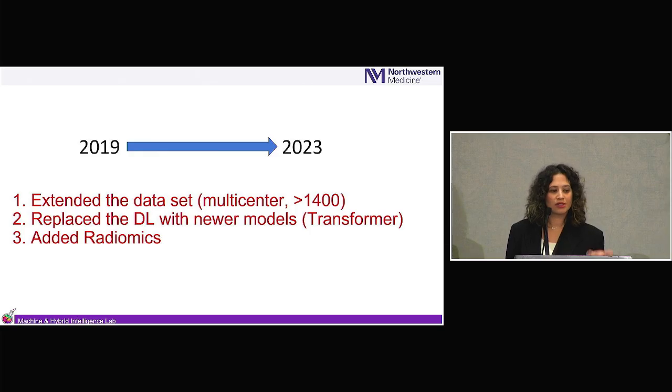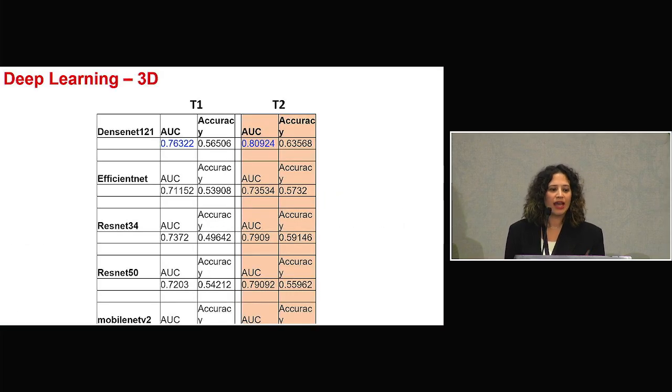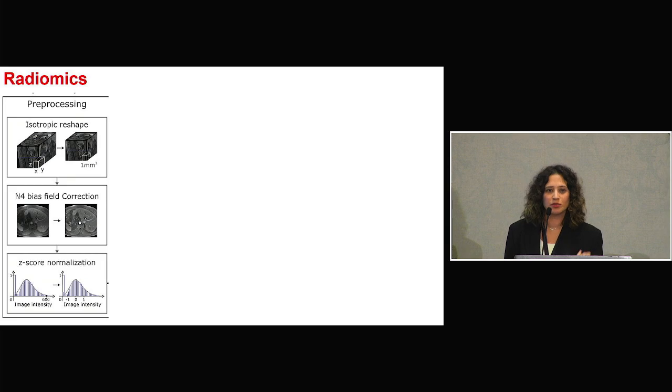And from 2019 to 23, what changed? We extended the data set, and we tried transformers instead of a deep learning algorithm, and we integrated radiomics. And those are the results. You see the AUC, which is with deep learning, it's maximum 80. We should have a better AUC, and we integrated radiomics.